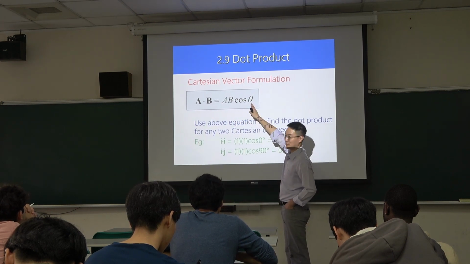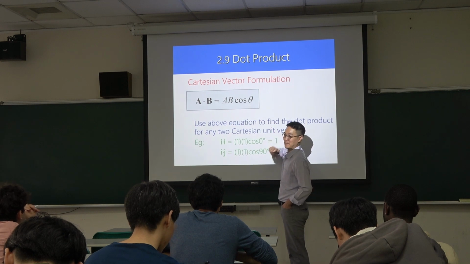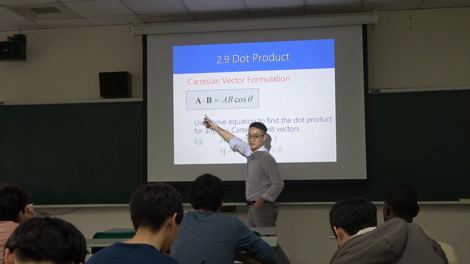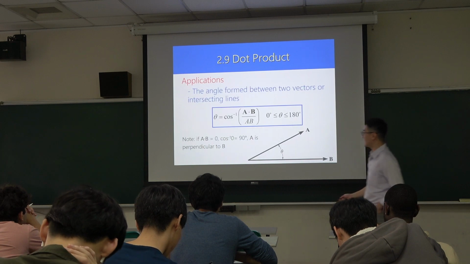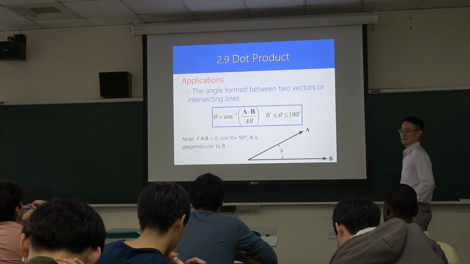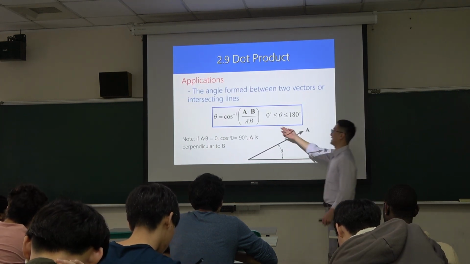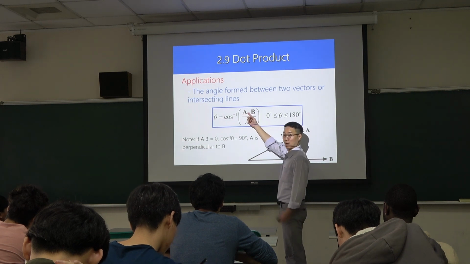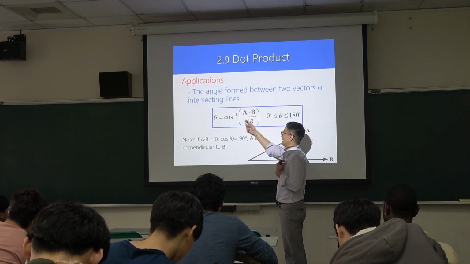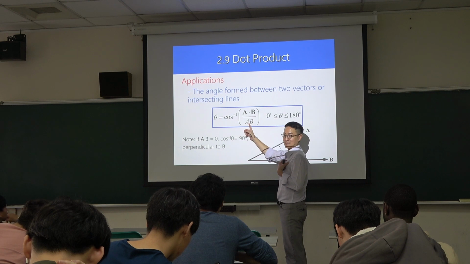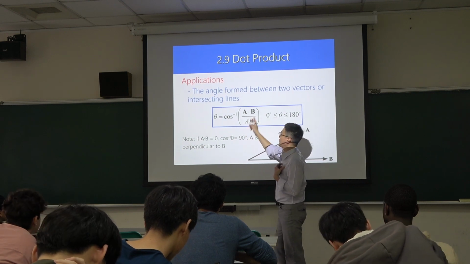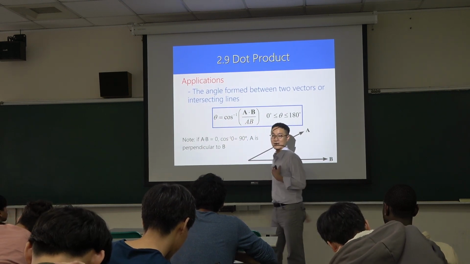We know the vectors, we don't know theta. Okay? So we can use this relationship to work out theta. Because as I mentioned, we know the vectors, so we can work out the scalar. So we can follow this to work out theta.